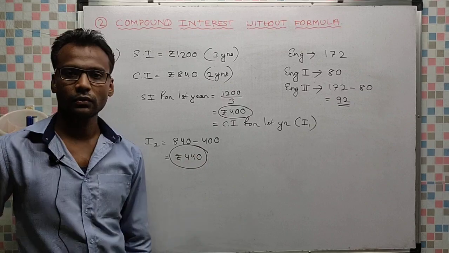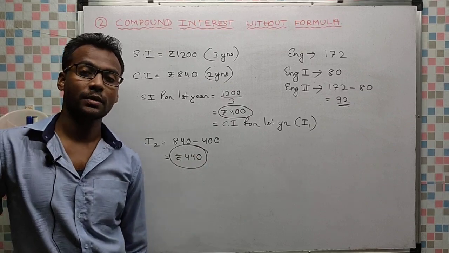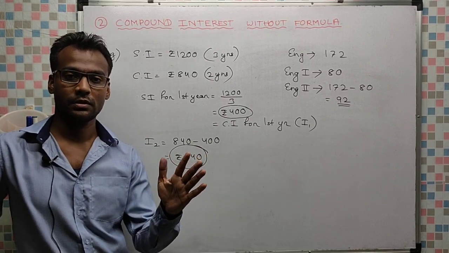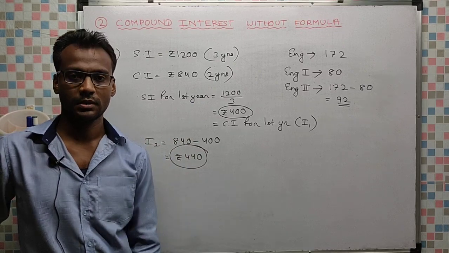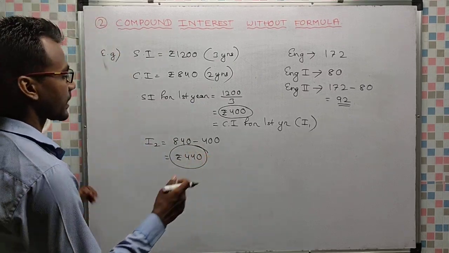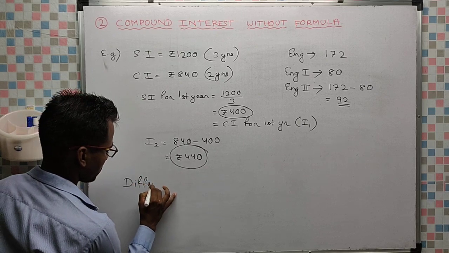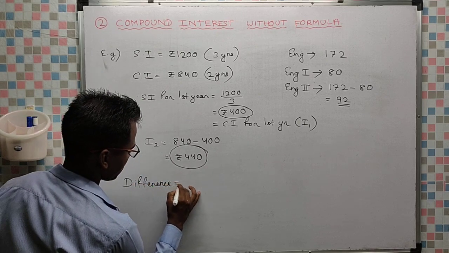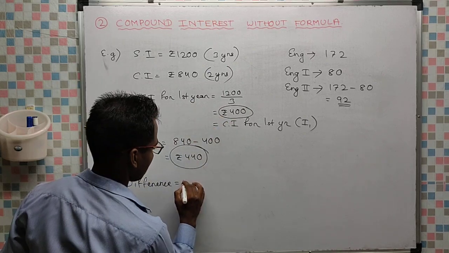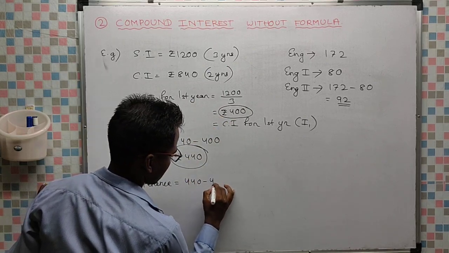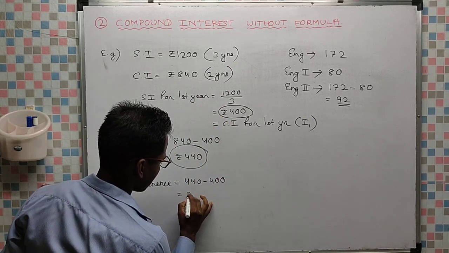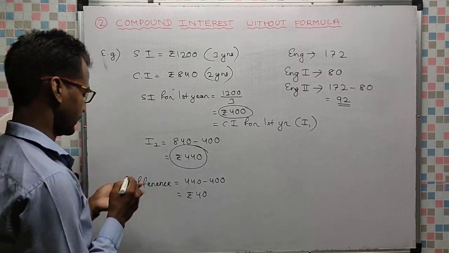We have I1, we have I2. We can use the concept consecutive interest for consecutive years. That concept we can use. Let us find the difference. I2 minus I1, 440 minus 400, which is rupees 40.